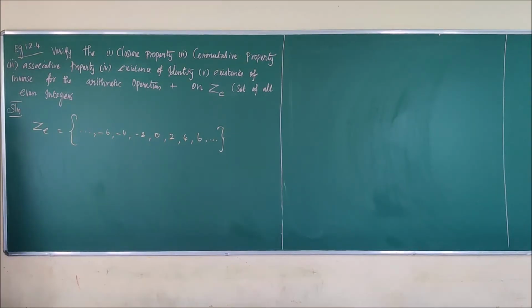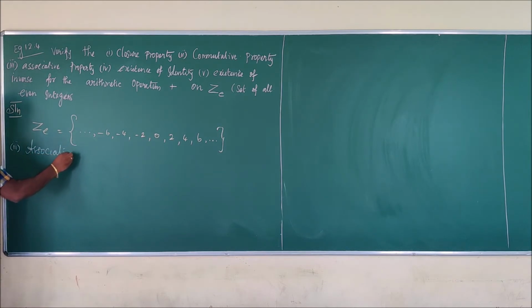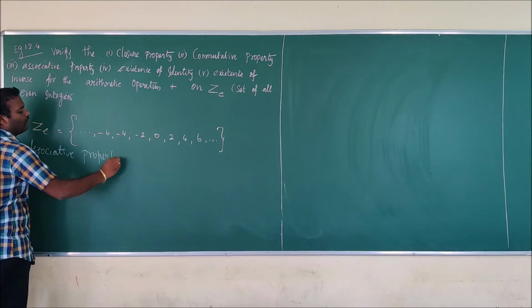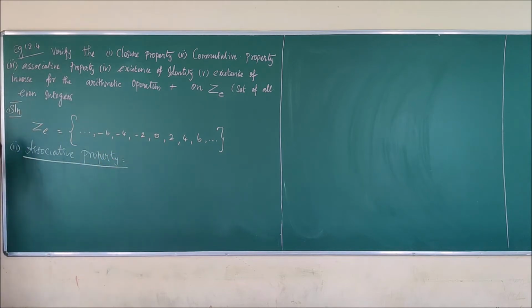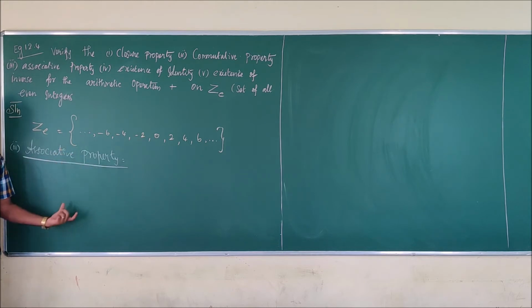Next, we are going to see the associative property. Associative property means you have to take three elements and vary the brackets and show that the left hand side value is equal to the right hand side value.